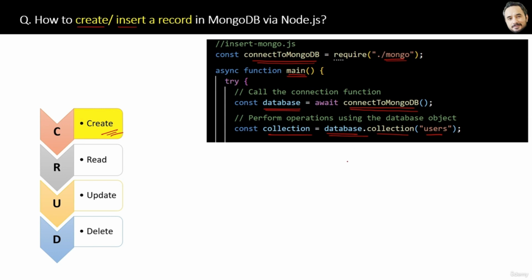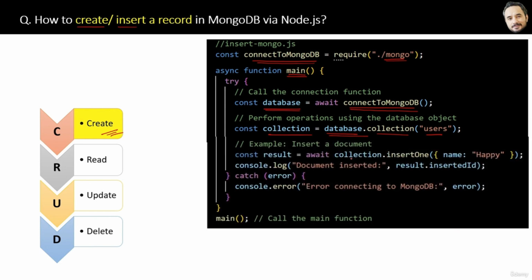Now listen carefully. Then we will call the insertOne method of this collection object to insert one document inside the user collection of the MongoDB database. So we are inserting the record inside the collection. That's why we needed the collection which we got above.